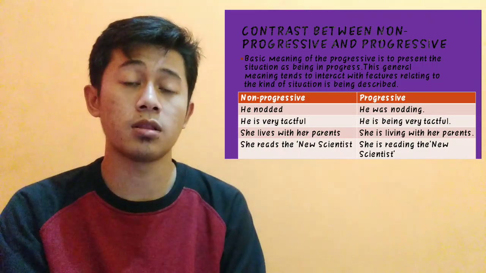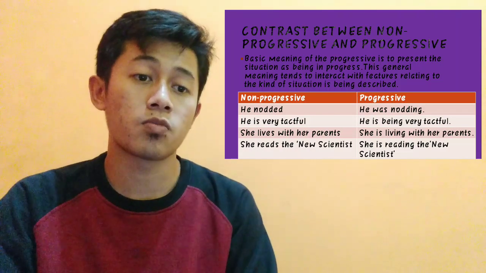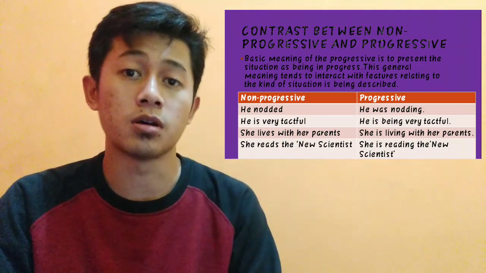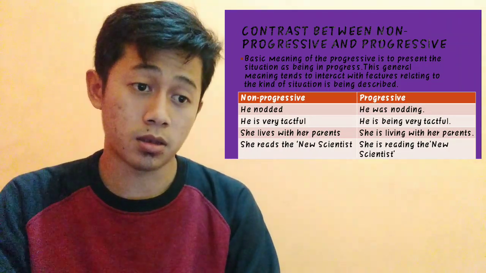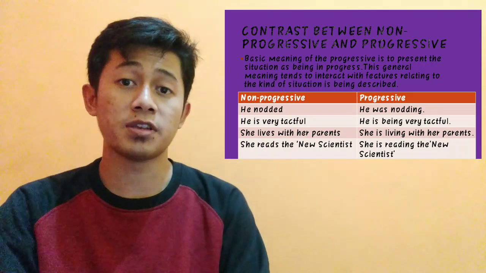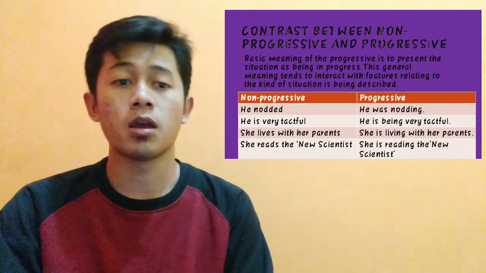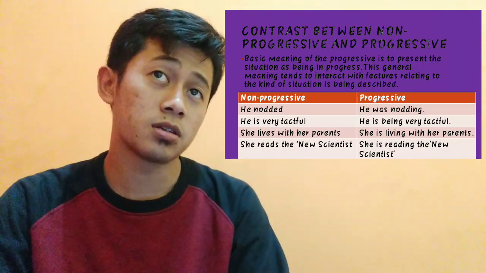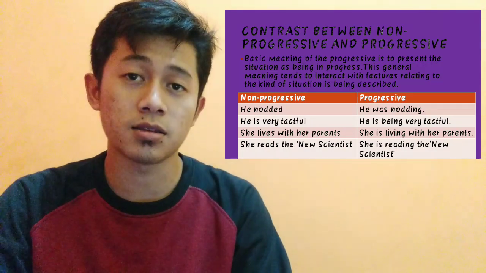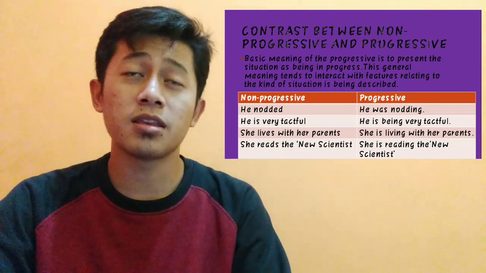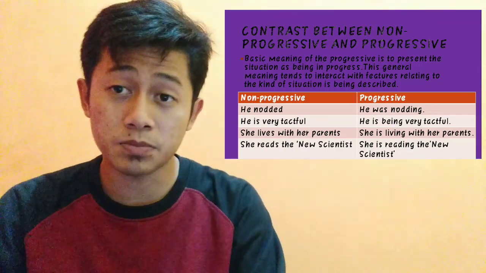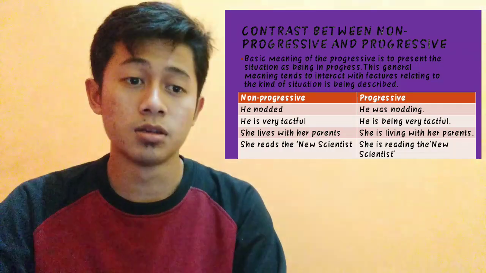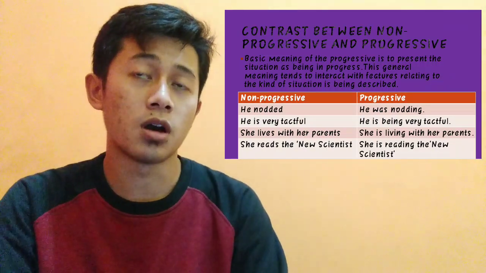Okay. Next example from the non-progressive is she lives with her parents, and the progressive she is living with her parents. From the non-progressive, she lives with her parents. This sentence is static. I think that is like information that the subject lives with her parents.